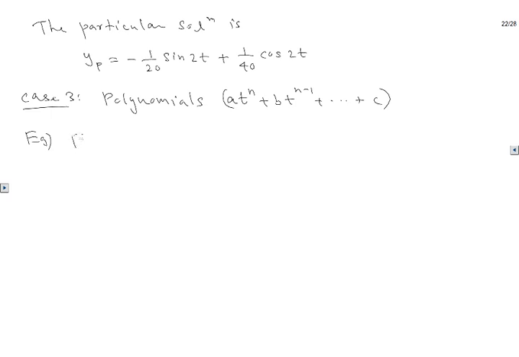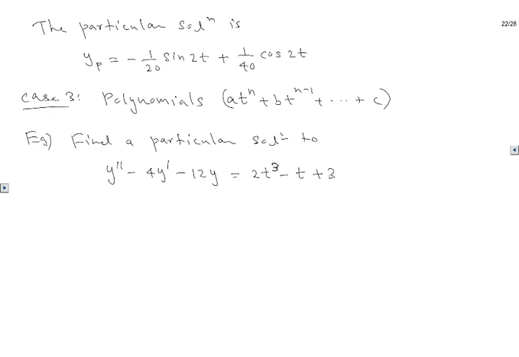So let's say find a particular solution to y double prime minus 4y prime minus 12y equals t cubed minus t plus 3, something like that.